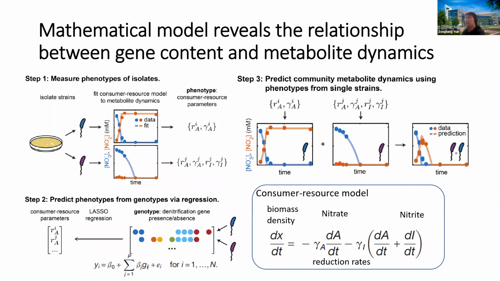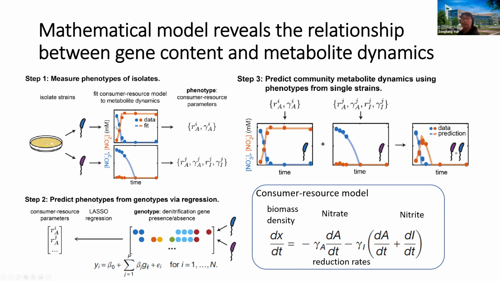In detail, they generally followed these three steps. In the first step, they measured the phenotype of the isolates, so they cultured the isolate strains and used denitrifying isolates and screened for growth on succinate defined medium under aerobic conditions.